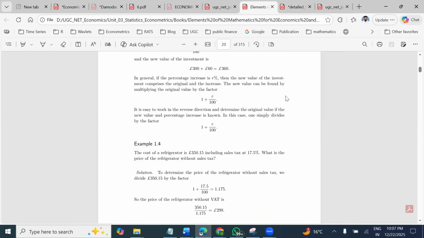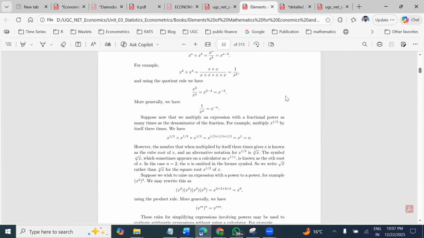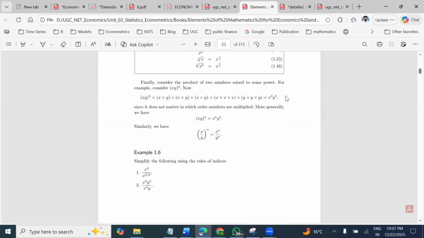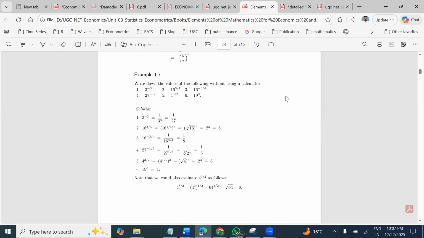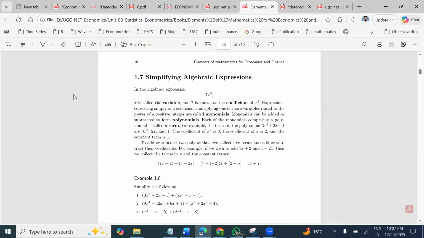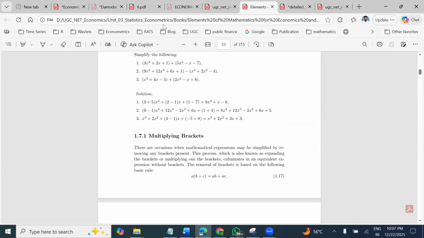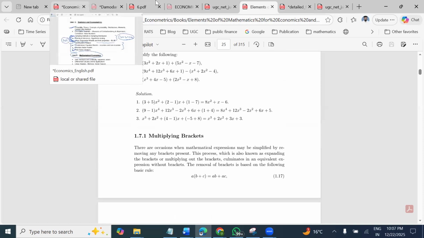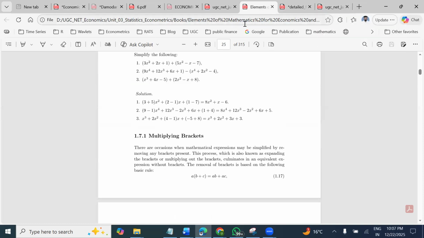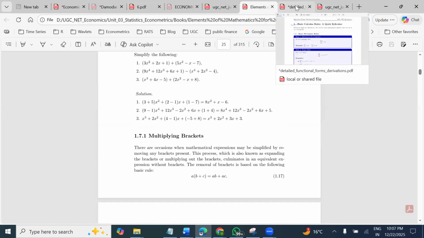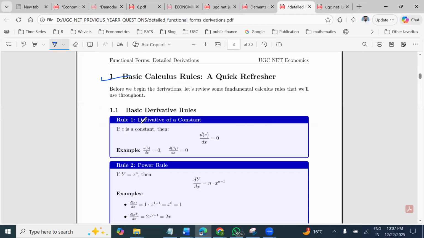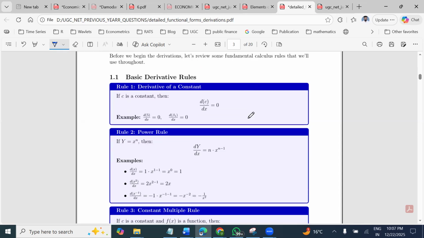I will ask you to solve at least one chapter in a week, and I will check your notebooks also, otherwise my efforts will not be counted anywhere. If math is there, statistics and econometrics will automatically come. If math is not there, I cannot say that I have helped you, or you will not be able to say that you have learned anything. So let's be very particular about it.